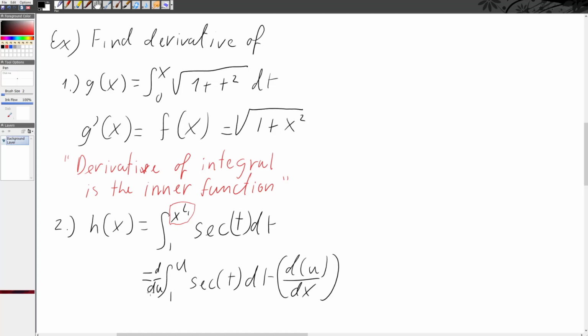Because what does this mean? This means that the first part now satisfies the fundamental theorem of calculus, meaning h prime is going to be secant of u.